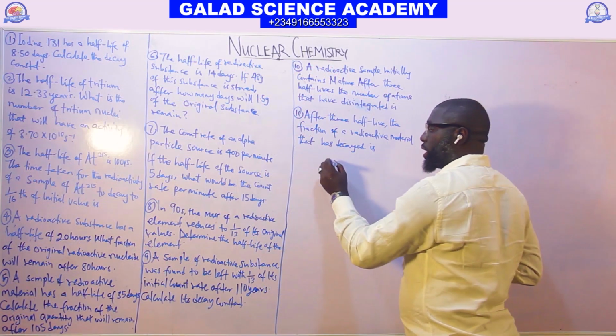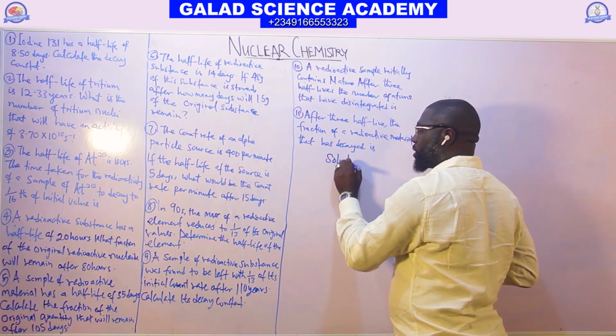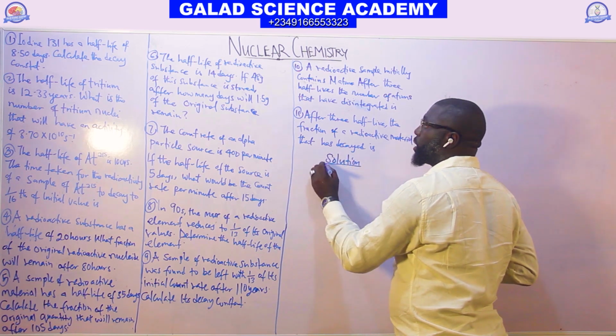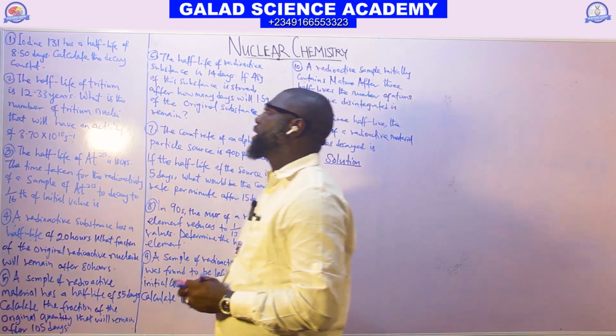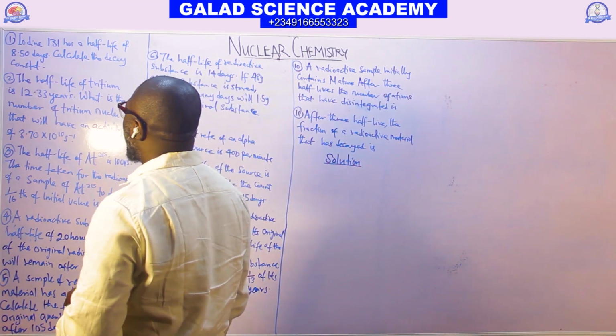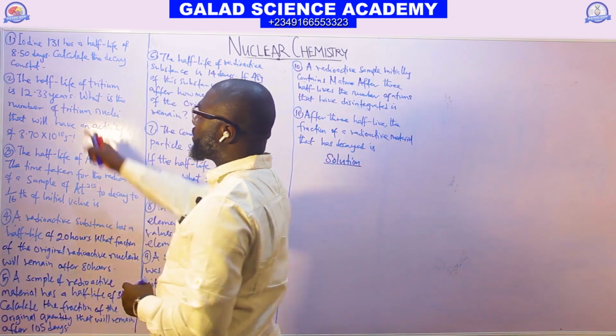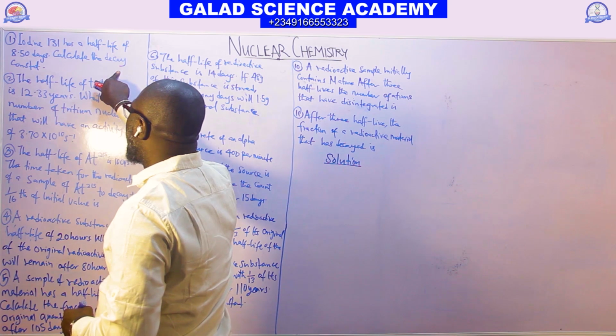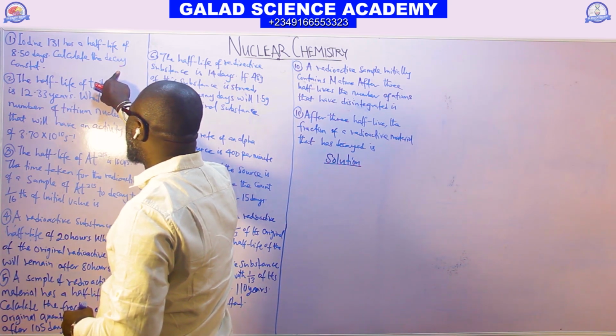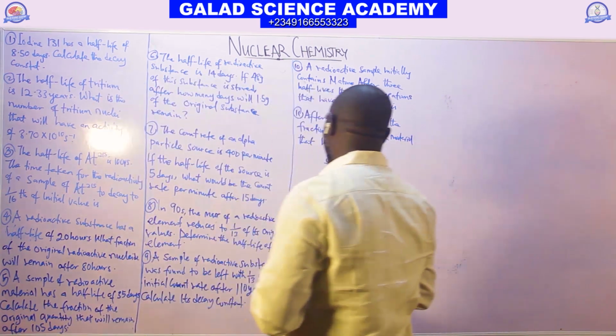Solution. Let's solve all these questions, 1 to 11. Look at question number 1. Iodine-131 has a half-life of 8.05 days. Calculate the decay constant.